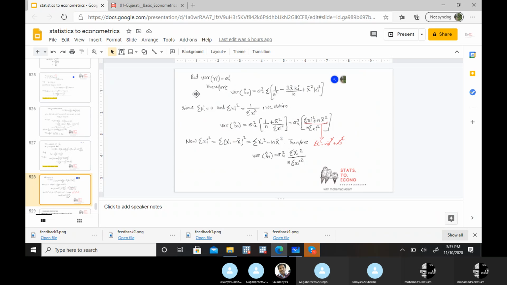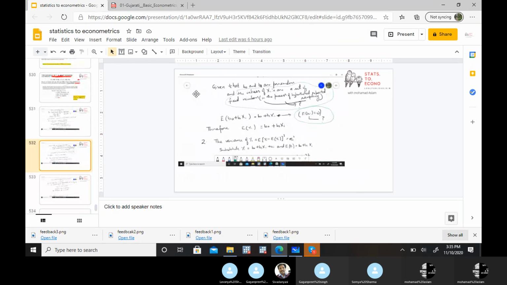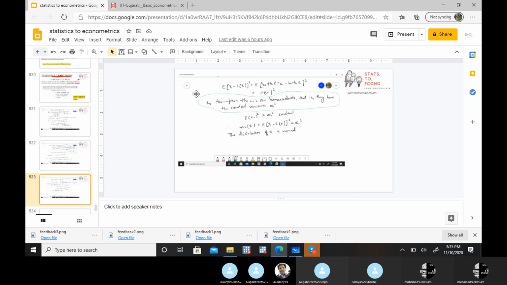So similarly, like we proved unbiasedness, that the sample estimate is equal to the population parameter, we have to prove that the expected value of the variance of residuals of the sample is equal to the population variance of residual. We have to prove that because indirectly we are using it here.